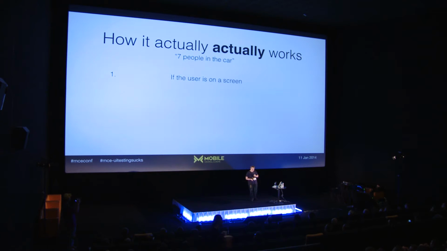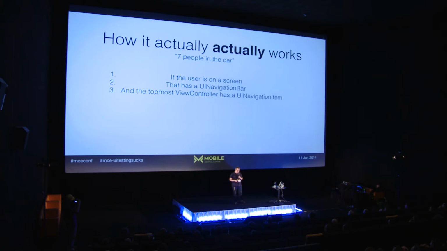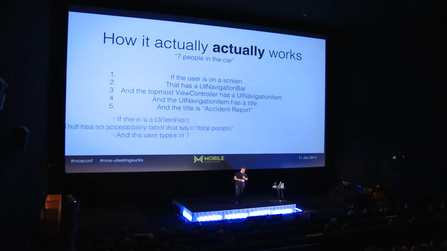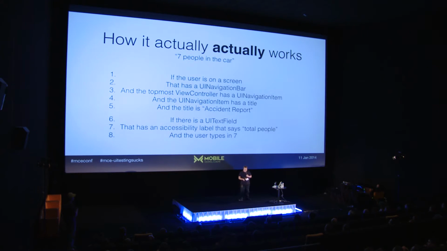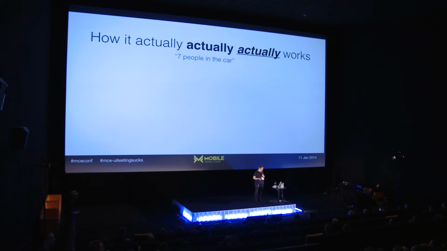So the way we do this is we start with the user on a screen that has a UI navigation bar, and the topmost view controller has a UI navigation item. There are a lot of iOS specific details here. The UI navigation item has a title, and the title is accident report, and all the stuff on the previous slide. So now we're done, right? No, we've just begun.